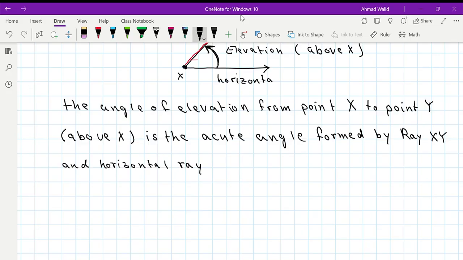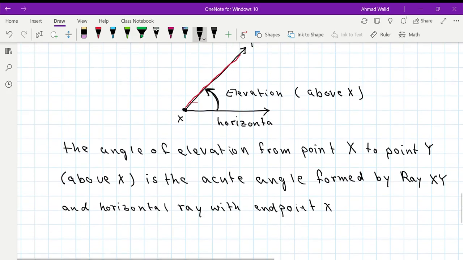You see your horizontal is a ray with endpoint X. No need for this long writing or definition.